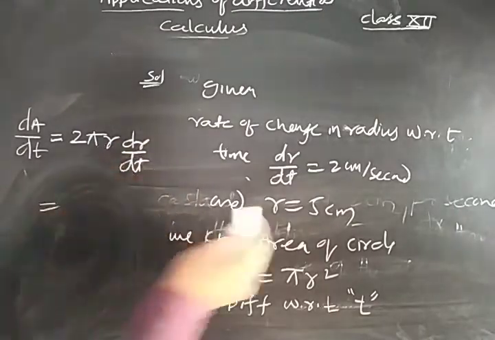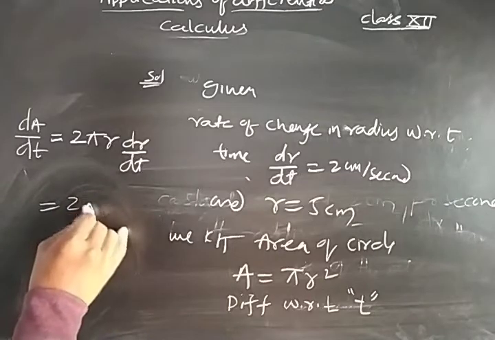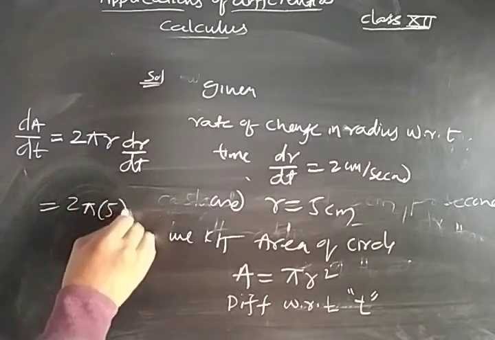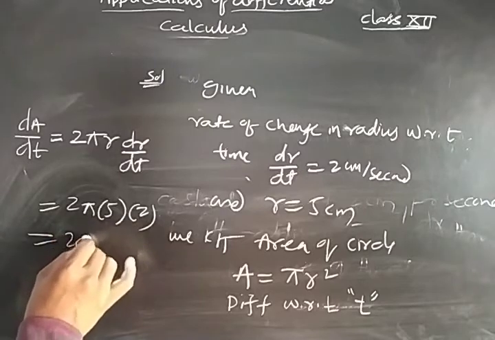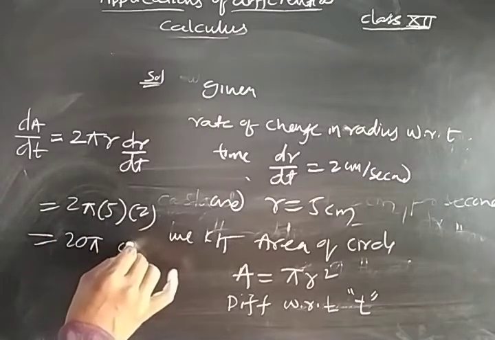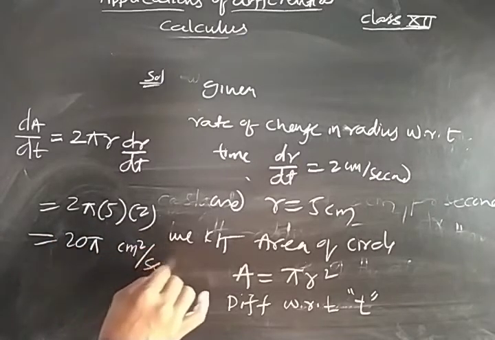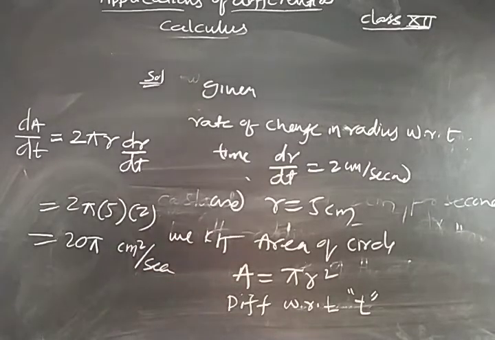Now we have r and dr by dt. Substitute here: 2 into pi, r value 5, dr by dt value 2. So 2 times 2 is 4, 4 times 5 is 20. 20 pi centimeter square per second is the rate of change in area.